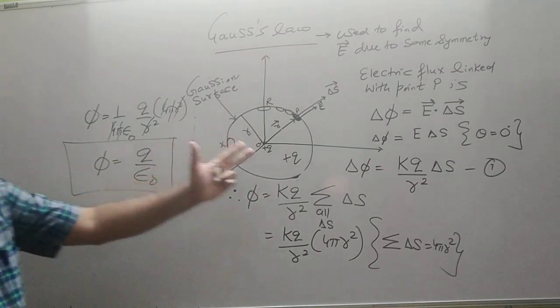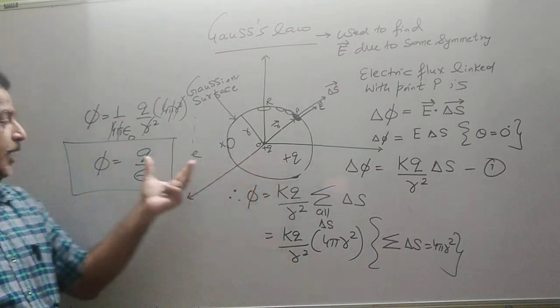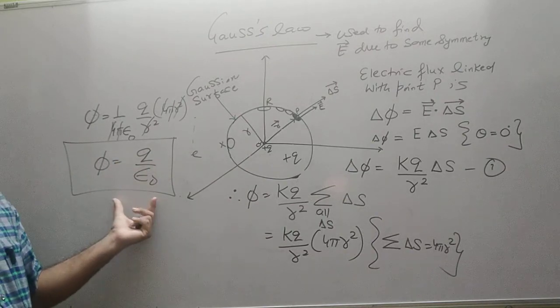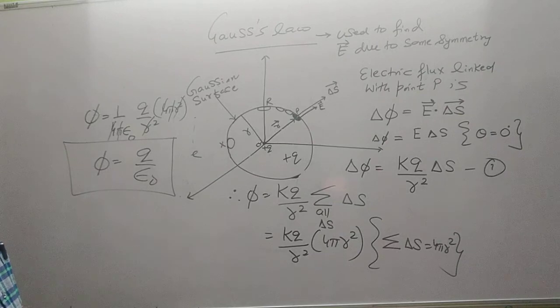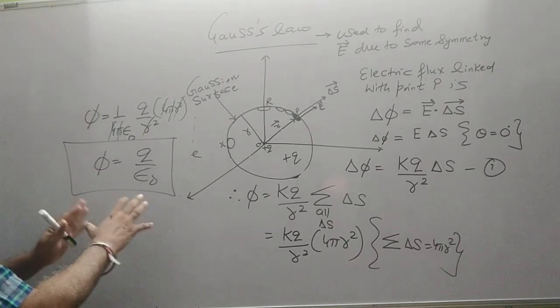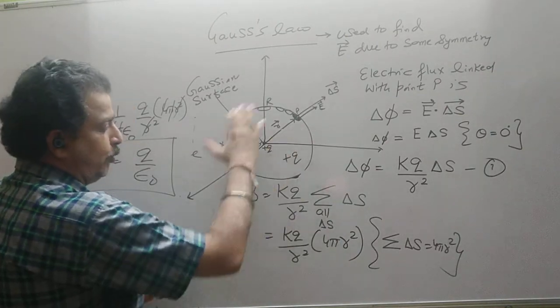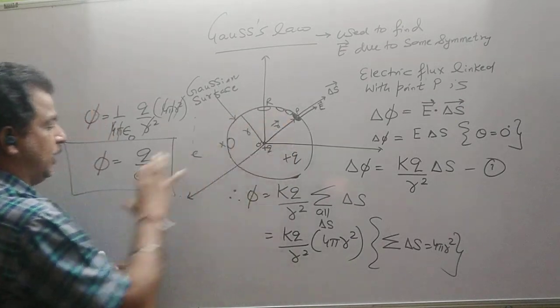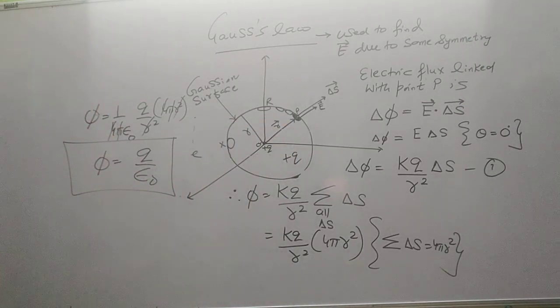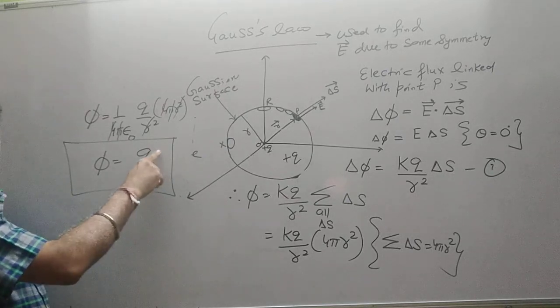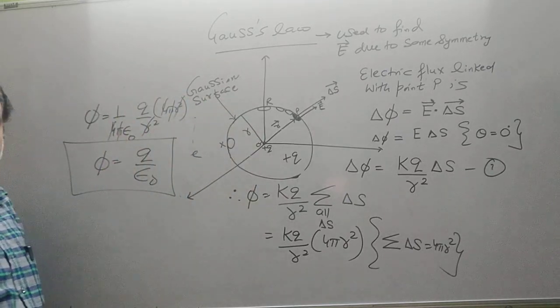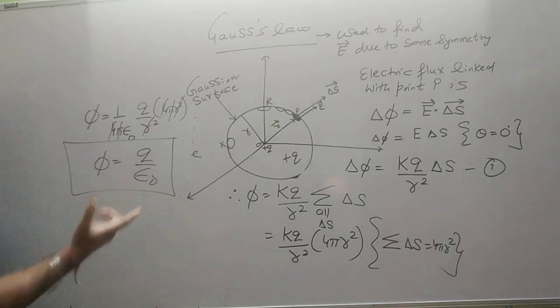If I have 3 charges, it will be 3Q by epsilon naught. Now you see the mathematical steps. We don't have any quantity which is related with the shape and size. We don't have a radius here. It is simply Q. Q is constant, given. The source was given to you. Epsilon naught is a constant.